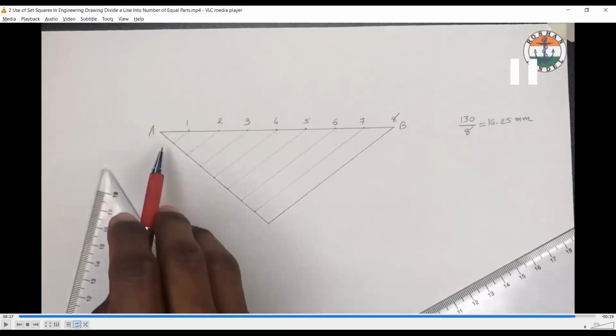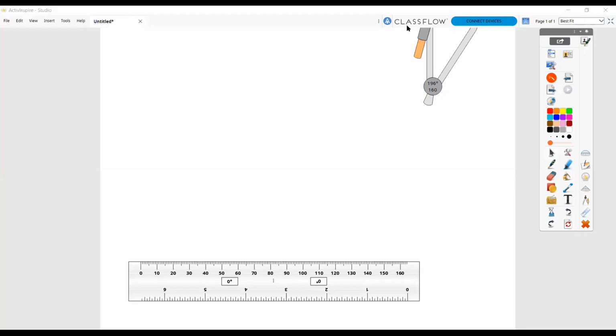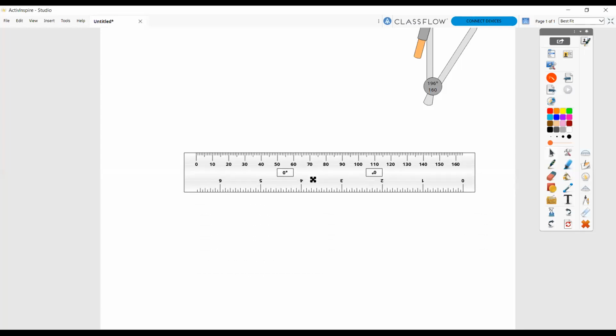See, one more method is there that I will explain in the software. Just 1 minute, then you can start the drawing. I'm repeating the equal division of a line.